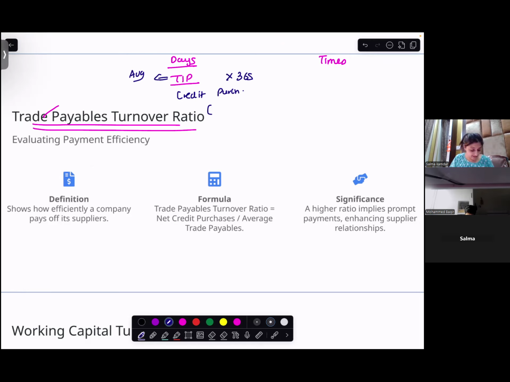You will get your answer in days. If you inverse the formula, credit purchases over trade payables, you will get your answer in times. Now try doing it.